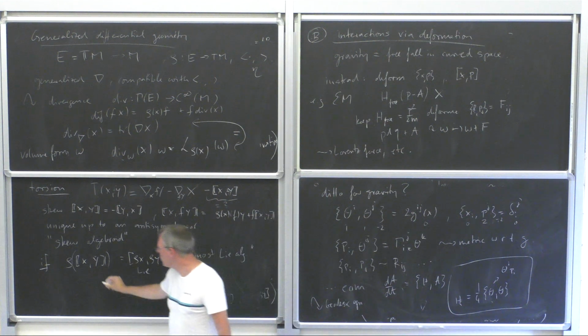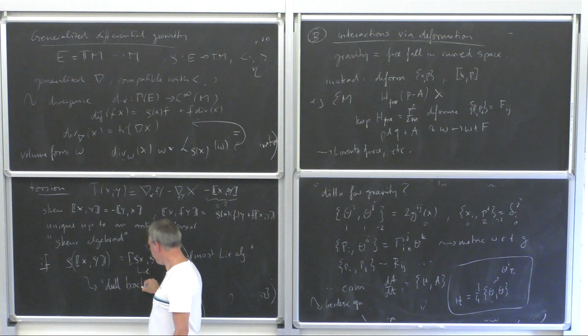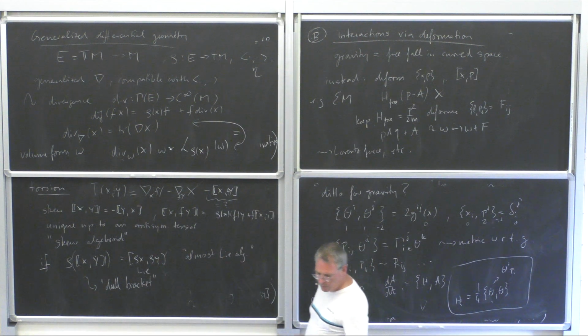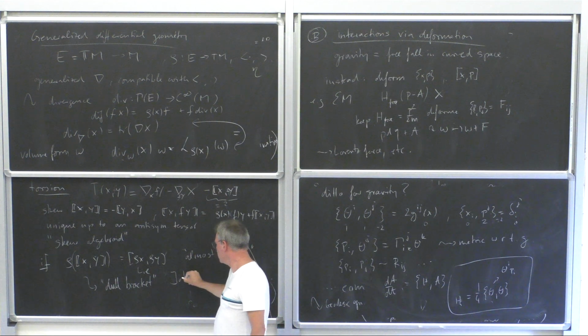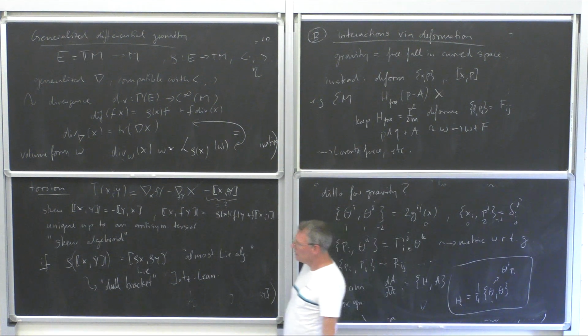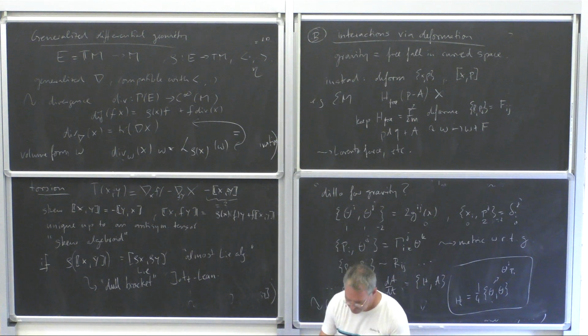And in that case, the bracket is called the Dull bracket by Madeleine Joslin. So we are not going to impose that, and I will later, time permitting, explain why we don't want to impose that.